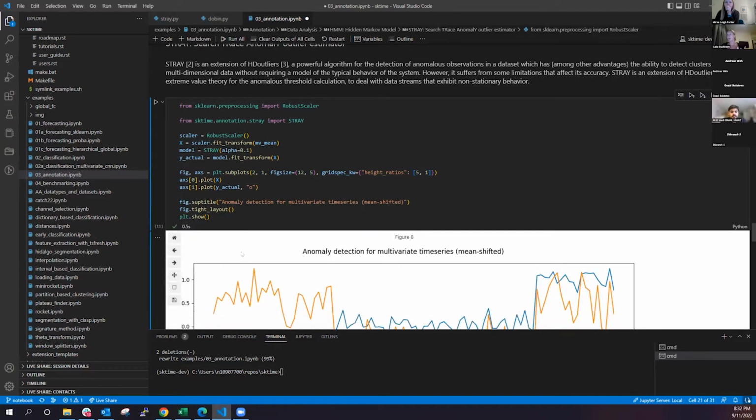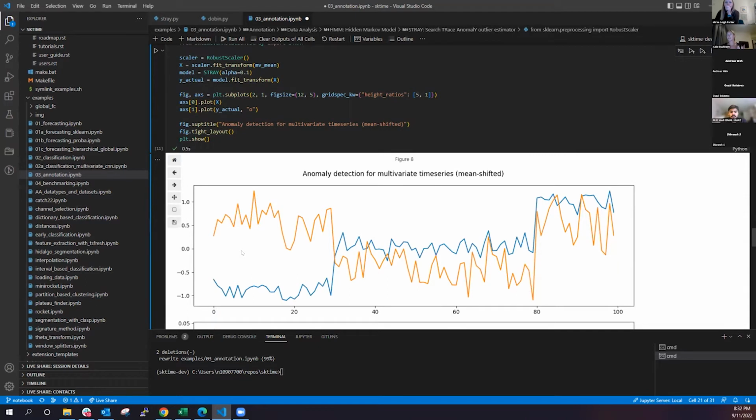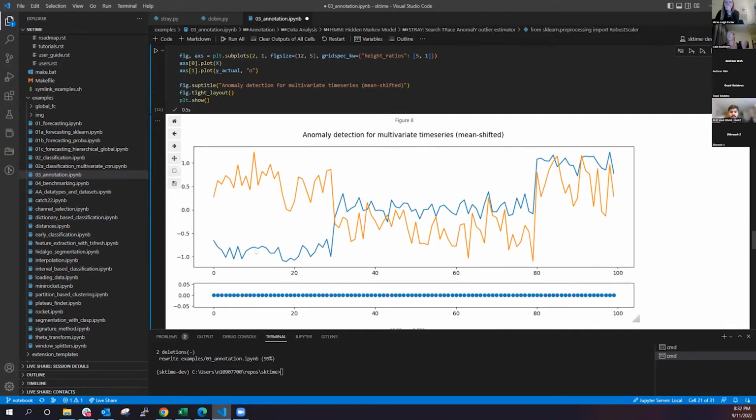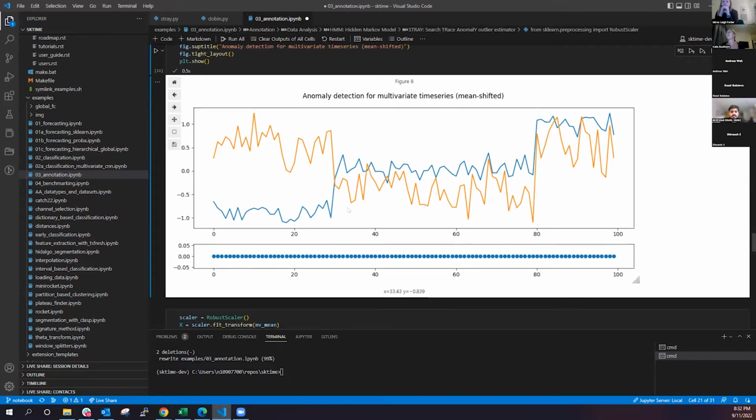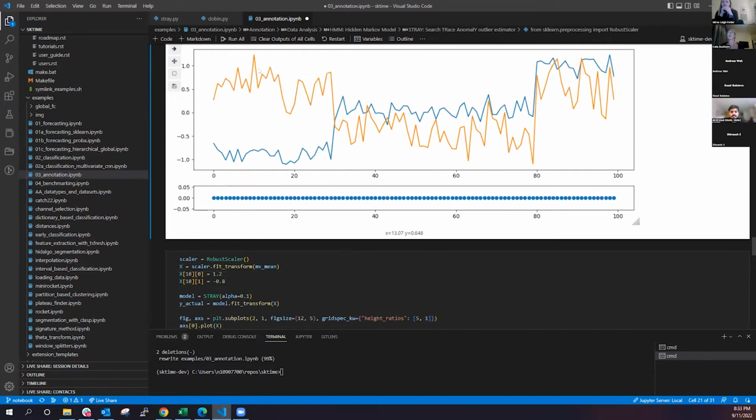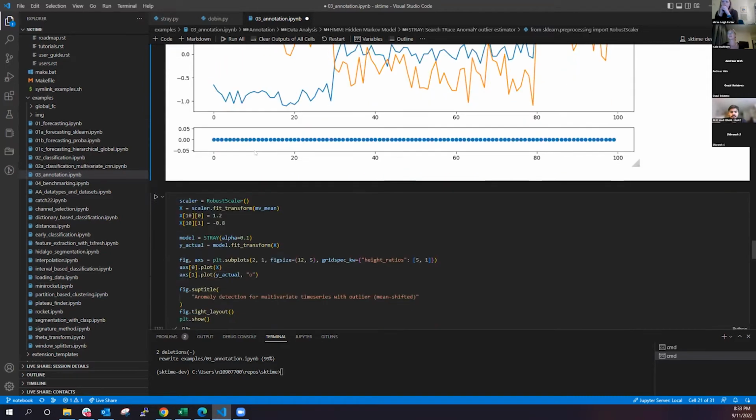So how did that go with our mean shifted data? Well, we couldn't find any anomalies. So, well, I don't think there really are any in there anyway. So I think that still makes sense, these null results. But then I said, suppose that maybe this data point and this data point chosen arbitrarily were exchanged.